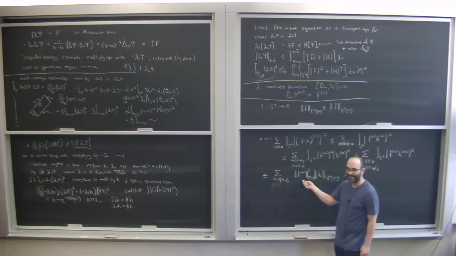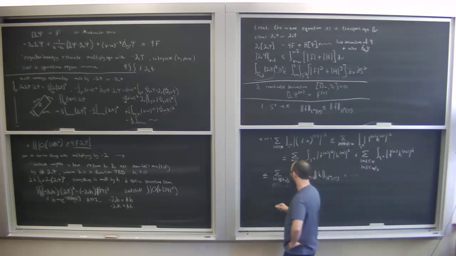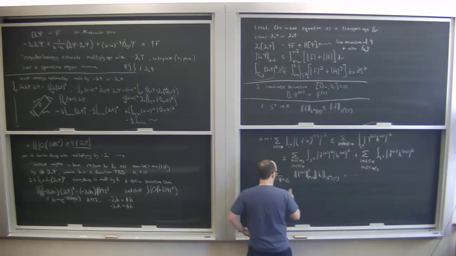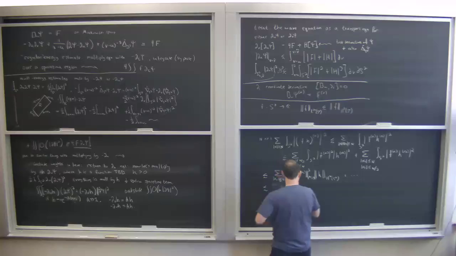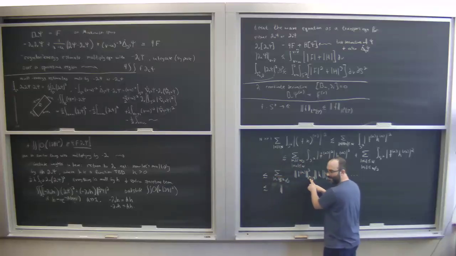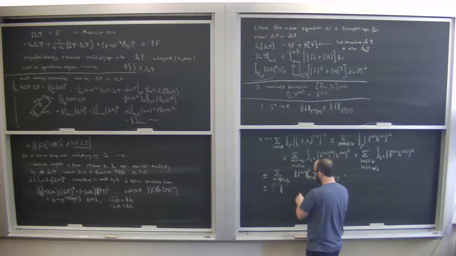Now here I can use the Sobolev inequality. By the Sobolev inequality, this is a pointwise L infinity norm of up to n over 2 derivatives. So if I'm willing to spend 2 more derivatives, I can control that in L2.